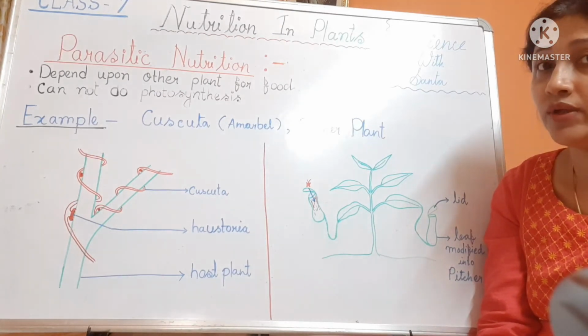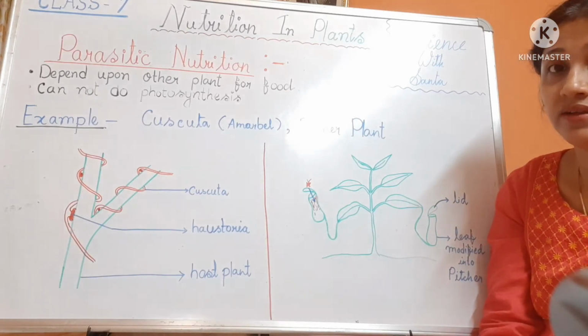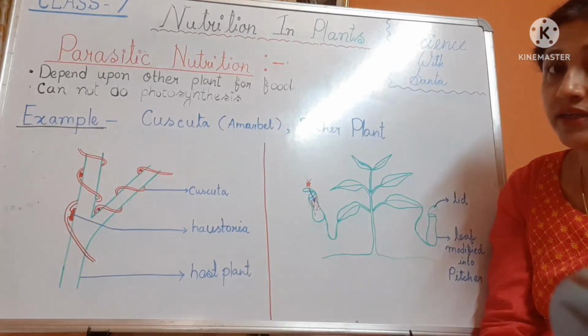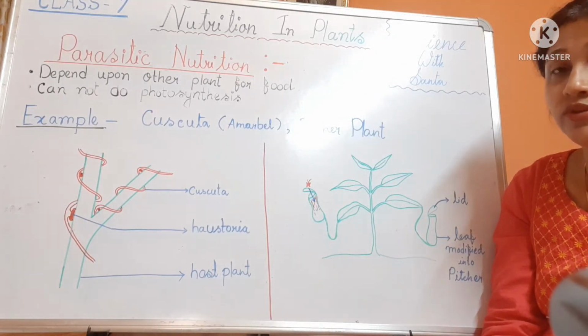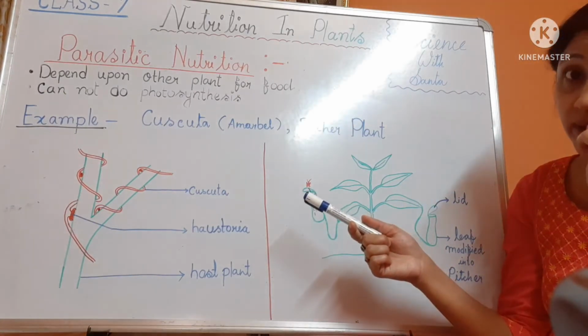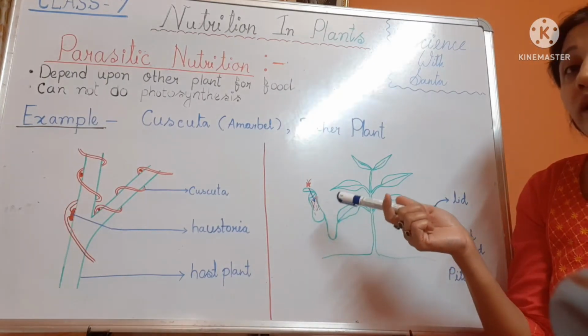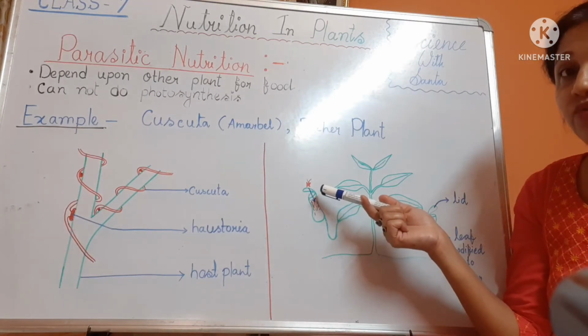So dear students, you now know what parasitic nutrition is. In parasitic nutrition, the plant which is a parasite depends upon the host, which can be another plant, or the parasitic plant can depend upon an animal, as you can see here, an insect, for its food.